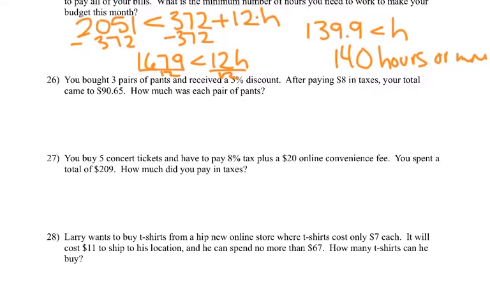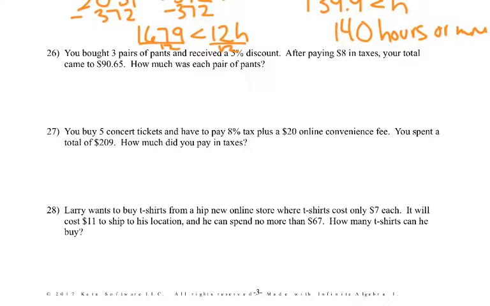Okay, 26. Only 3 more to go. You bought 3 pairs of pants and received a 5% discount. After paying $8 in taxes, your total came to $90.65. How much was each pair of pants? Okay, so the cost of pants we'll call P. So the total cost of those pants was 3P.